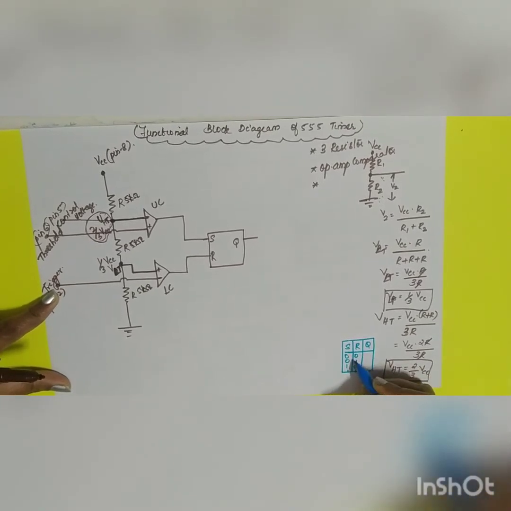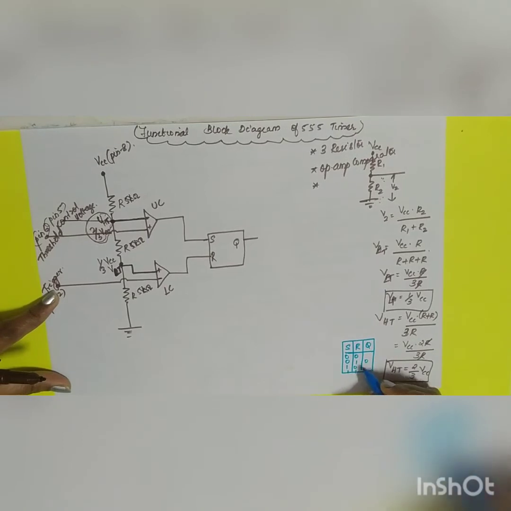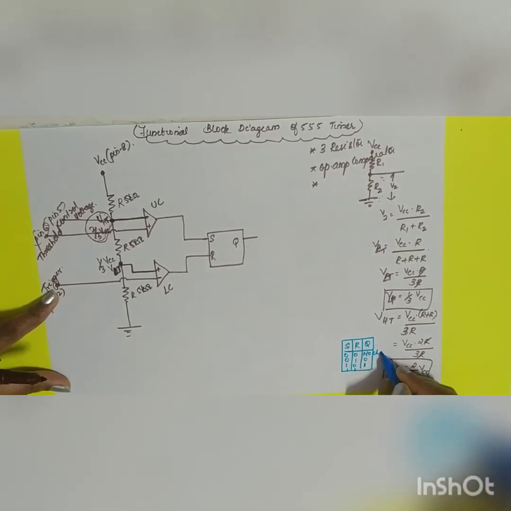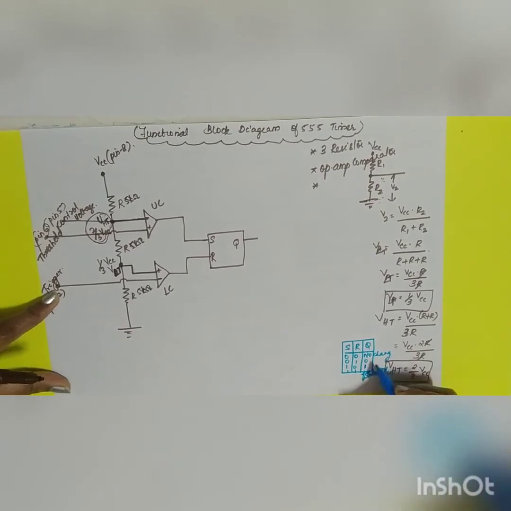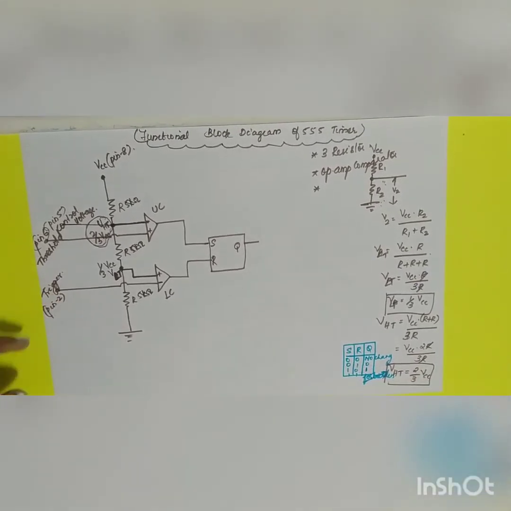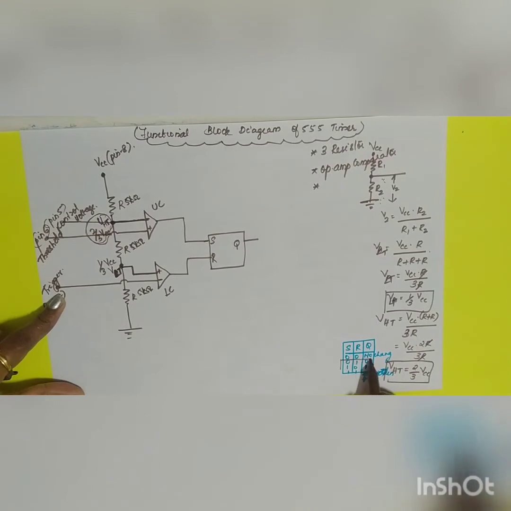Okay, so if S is equal to 0, Q will be equal to 0. If S is equal to 1, Q will be equal to 1. So 0, 0 means it is the no change condition, and 1, 1 is your forbidden state or race state, called the not used state. Okay, so now you are concentrating on only these two conditions, when S is equal to 1 and S is equal to 0.